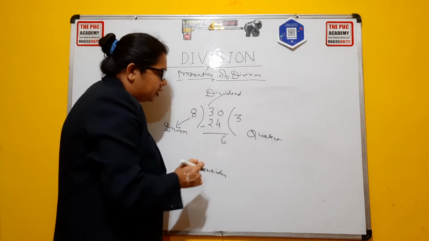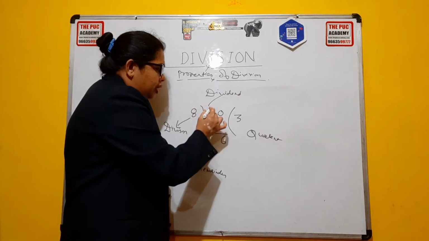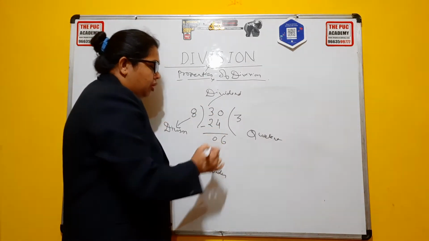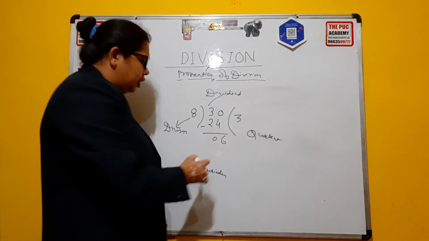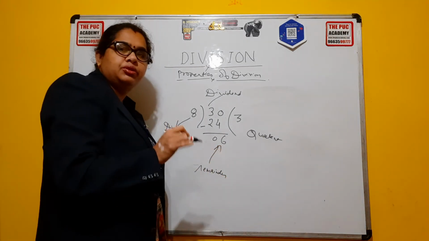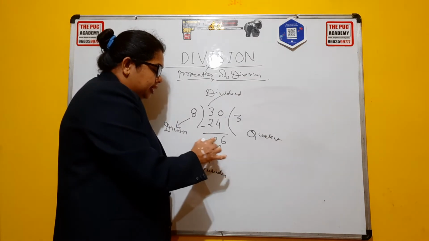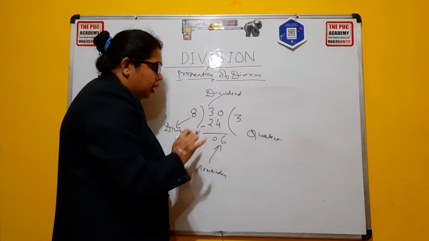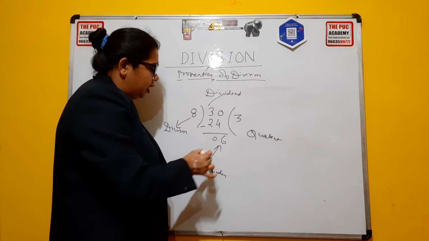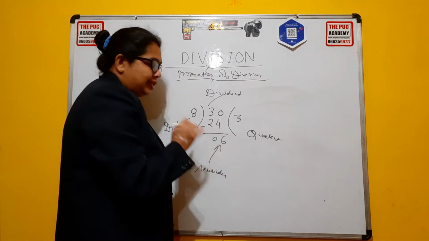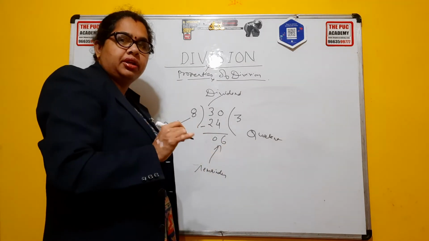So 3 minus 3, because 1 is borrowed, becomes 0. So your remainder is 06, which means 6 is your remainder.